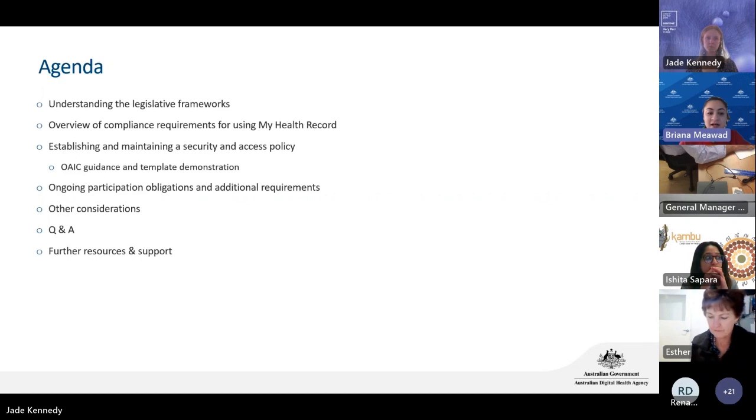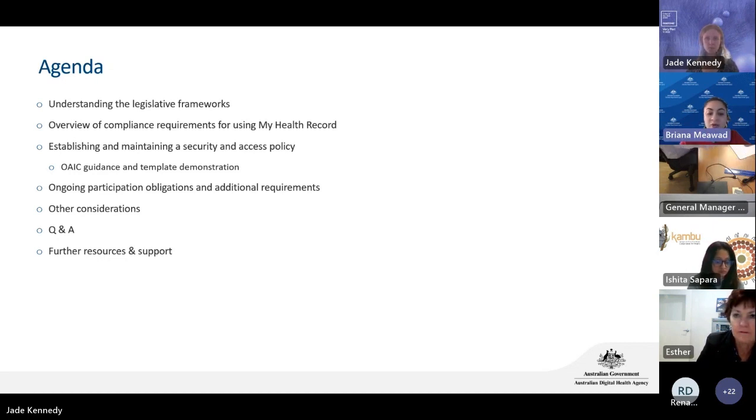Now we're going to cover the legislative frameworks that relate to the My Health Record system, an overview of the compliance requirements for any organisation that would like to use the system. We're going to highlight how we can establish and maintain a security and access policy within our organisations, and particularly highlight the OAIC guidance and template that is available.